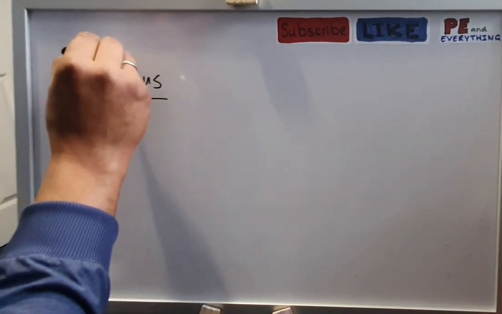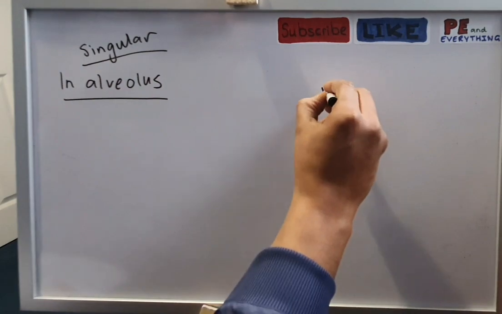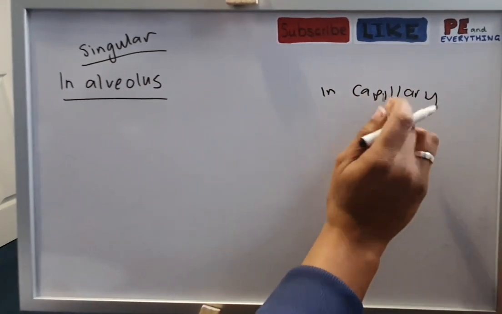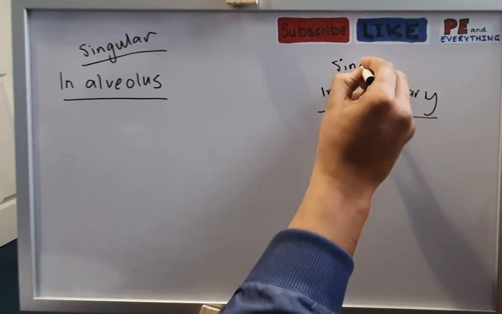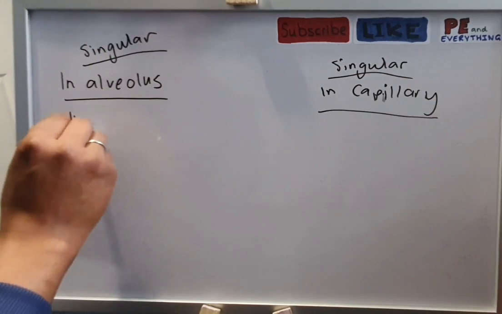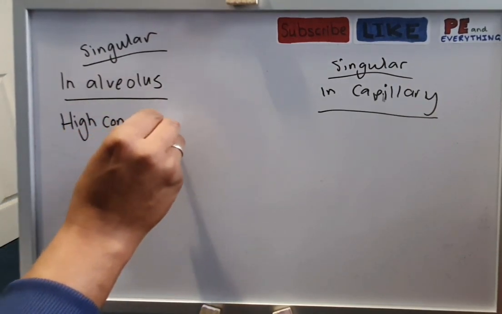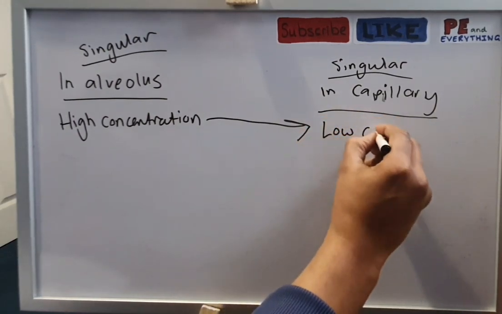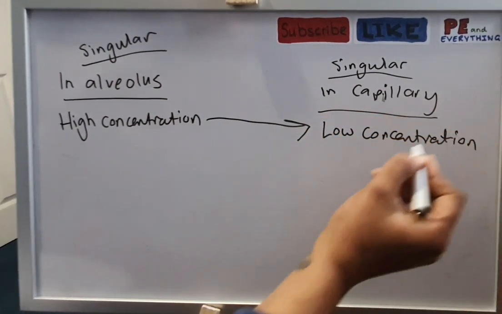Okay, so I'm writing here alveolus, which is a singular term, and this is capillaries. When oxygen goes from the alveolus, a high concentration, it moves into a low concentration area.